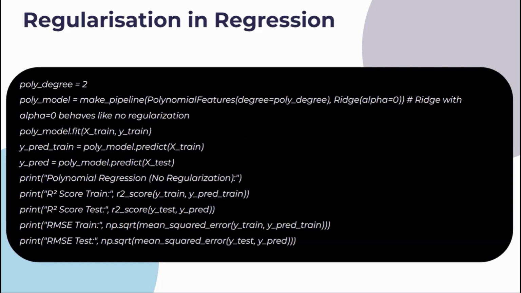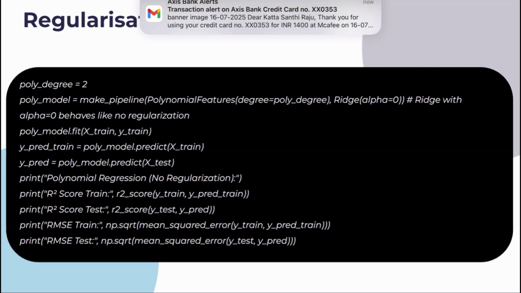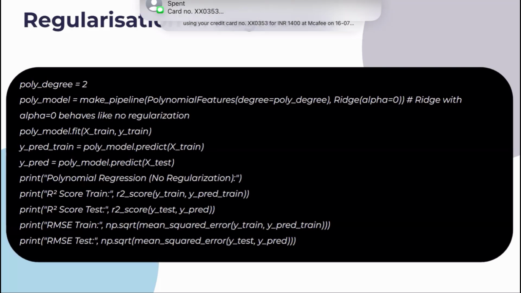Model is what? We are taking the make_pipeline function from scikit-learn. Polynomial features are taken up, where degree is the polynomial degree, which is 2. Ridge is set as 0. That means you are almost having no regularization.